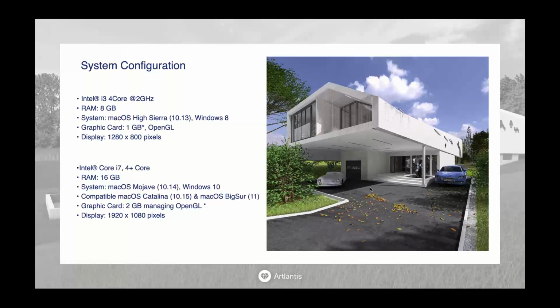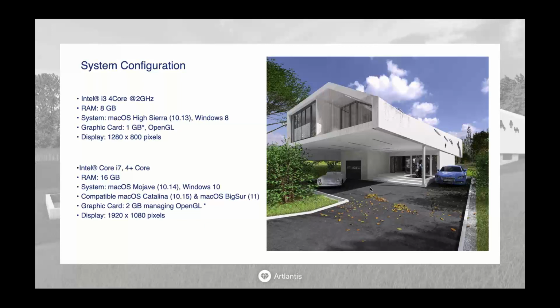So as the projects become more complex, a more powerful computer is appropriate to turn the model easily in the 3D window and have an optimum refreshment time, not to wait too much, so to have the process smooth and easy.